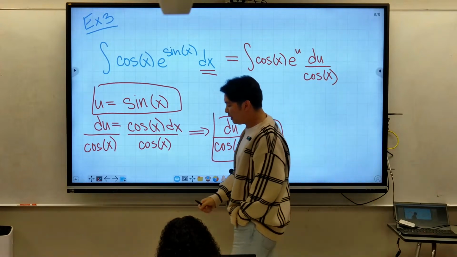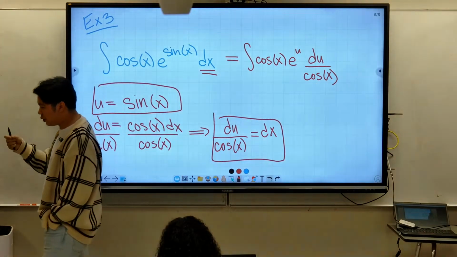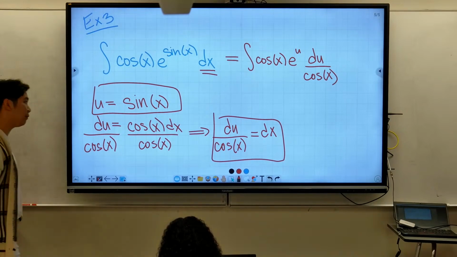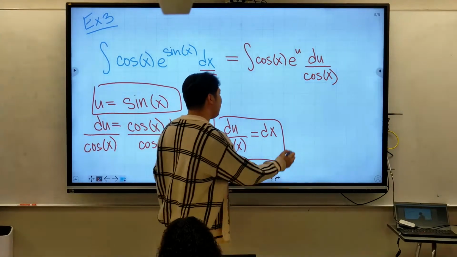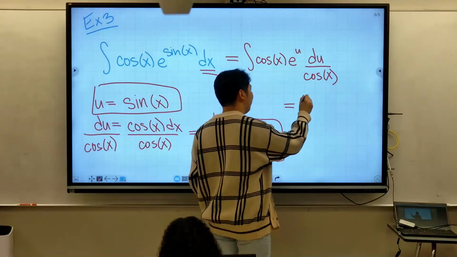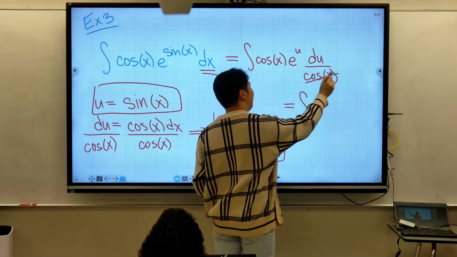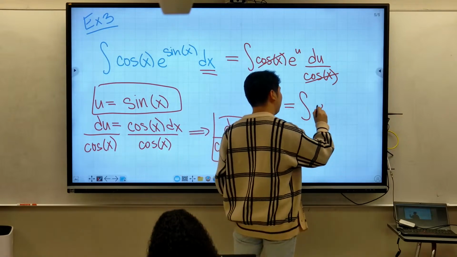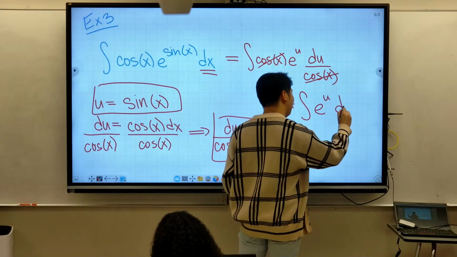And if I am fortunate, then all of my x terms should cancel each other out somehow. So let's see. Cosine cancels with this cosine of x, leaving me with the integral of e to the u du.